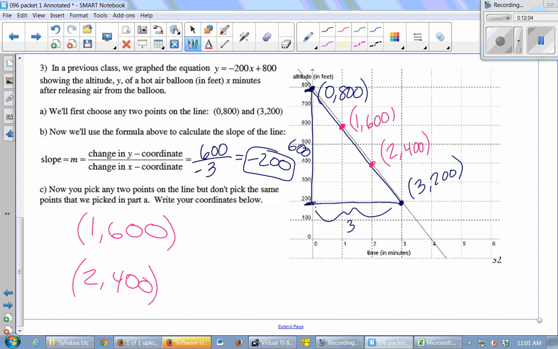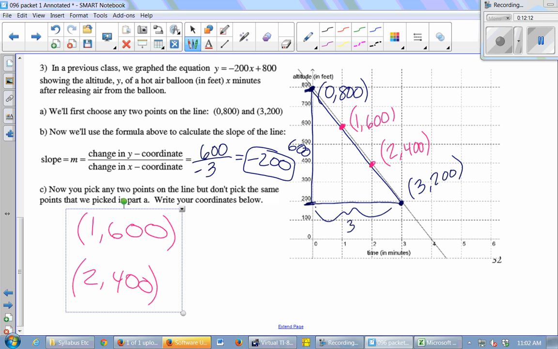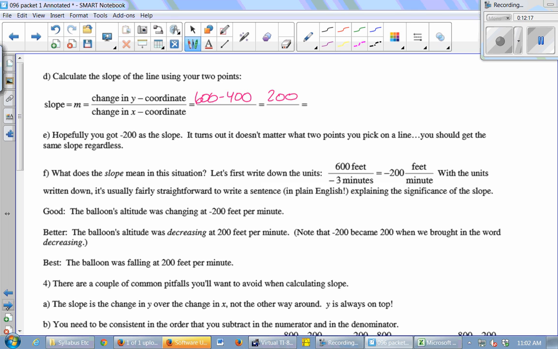So what's my subtraction for the x? Negative 1. I should do 1 minus 2, because I did this point minus this point. I have to stick with that order for both coordinates. So 1 minus 2, which is negative 1, is going to be on the bottom. 200 divided by negative 1 is negative 200.